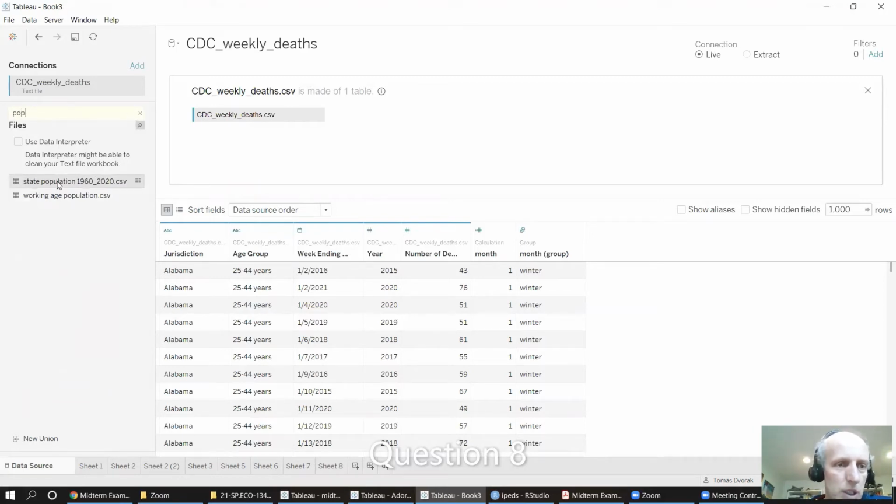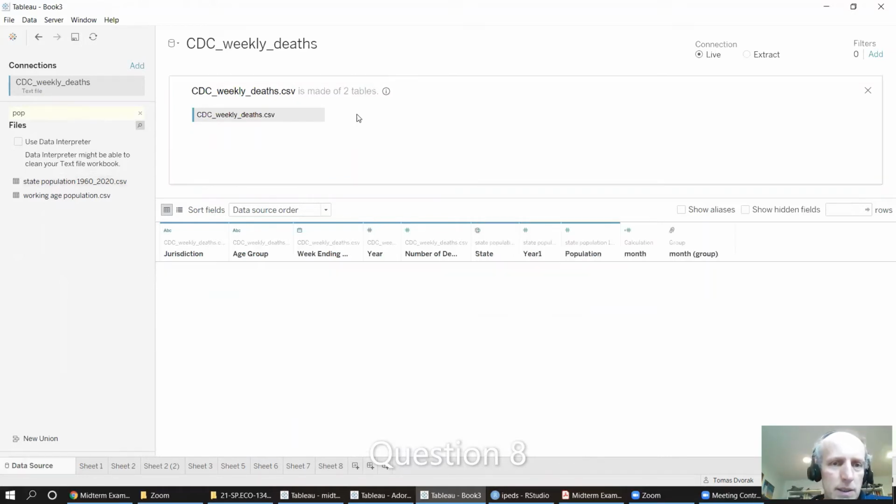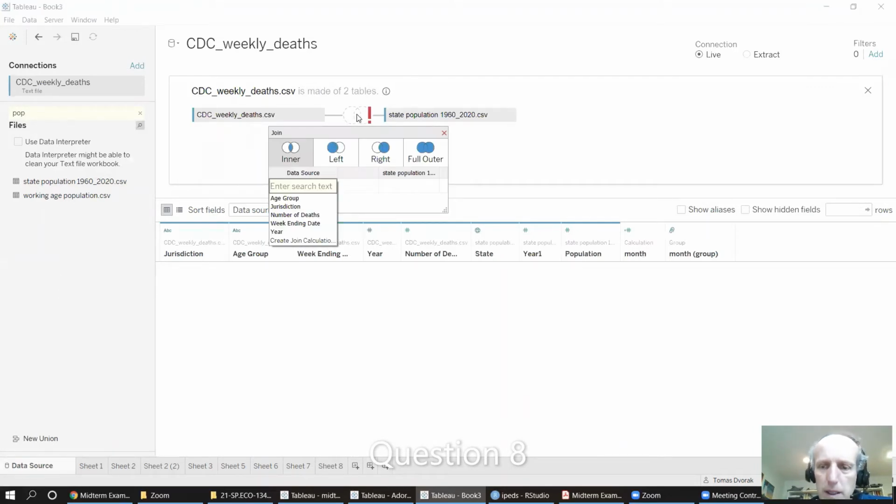There is a state population 1960 to 2020. So let's drag it into the canvas, and now let's think about how we should join them. So the grain of the CDC data is week, state, age group, and so we certainly need to take into account the state and timing, date.